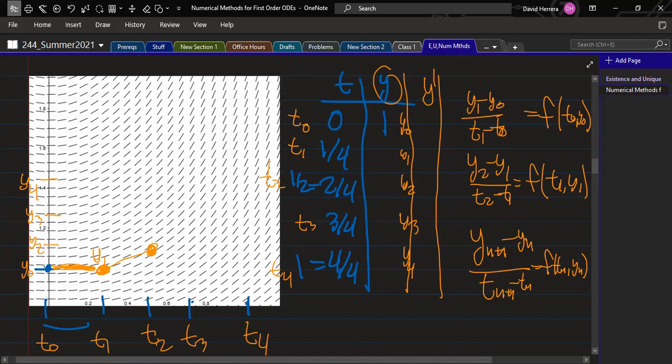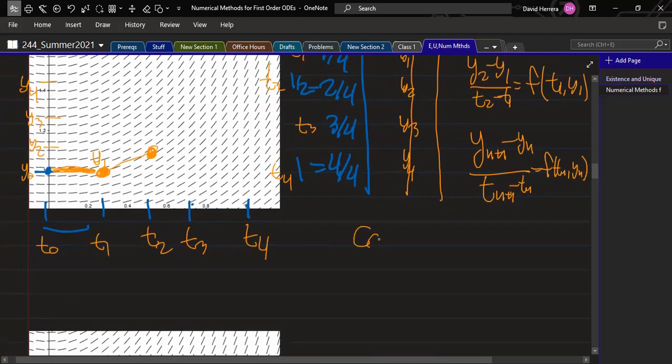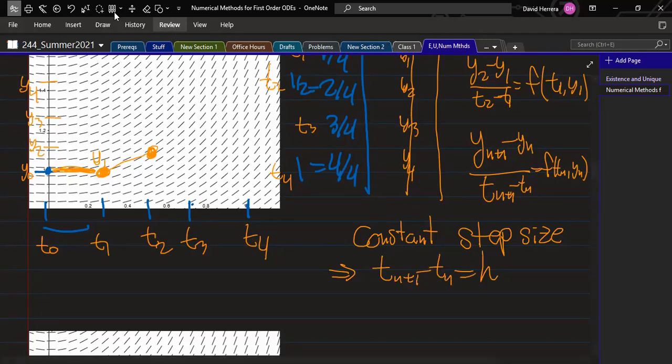And now what you see here is if we have a constant step size, this tells us that it is a constant h, small step size h.